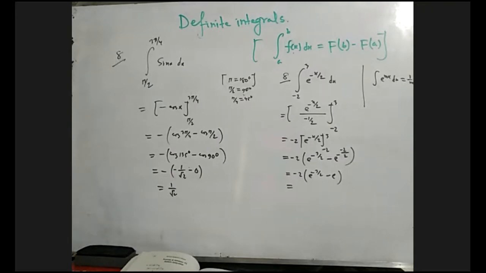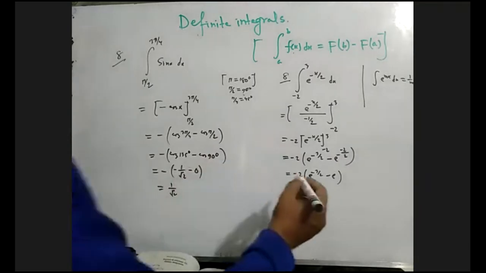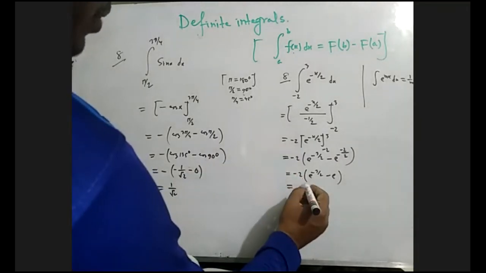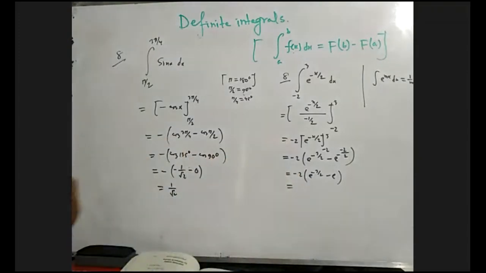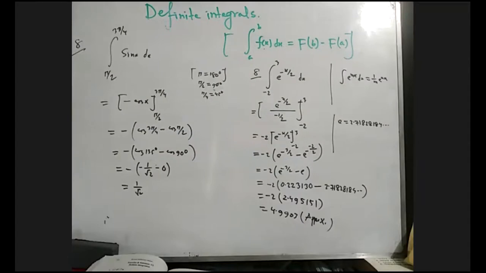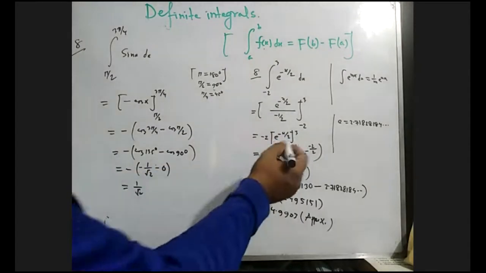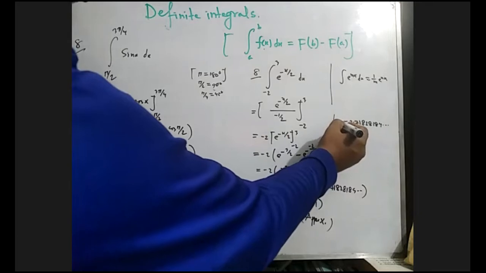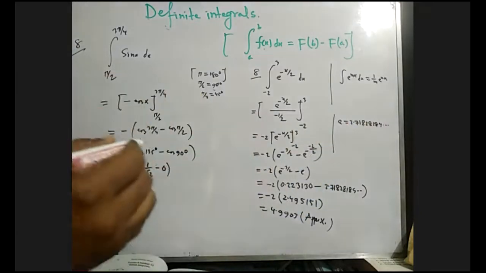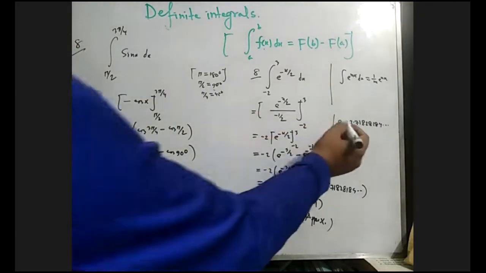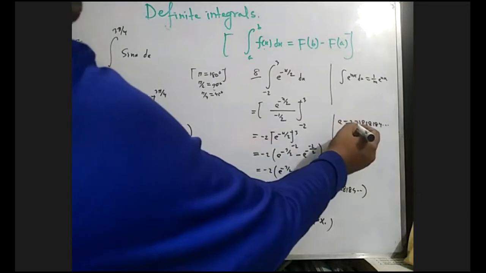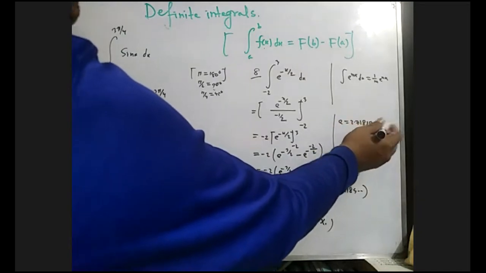Okay, so putting the e values from our calculator, we can find the value of this. We have to calculate the value of e. This is the Euler number. e equals to 2.71828184.